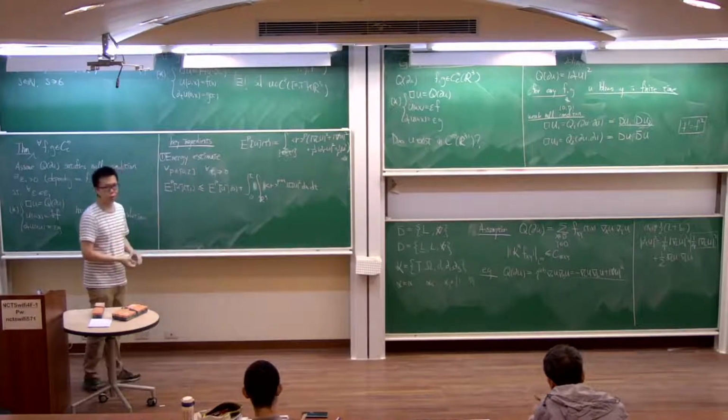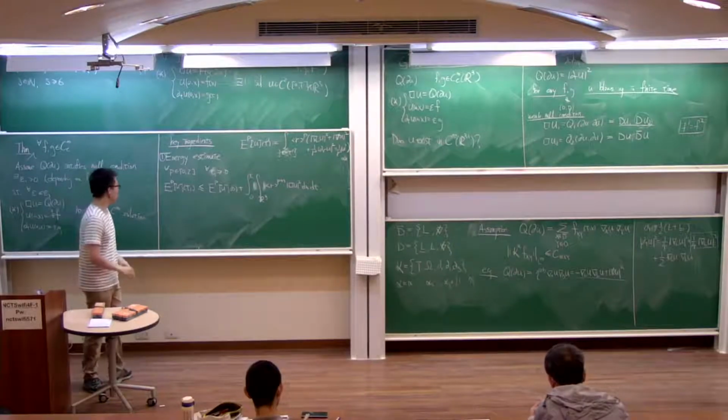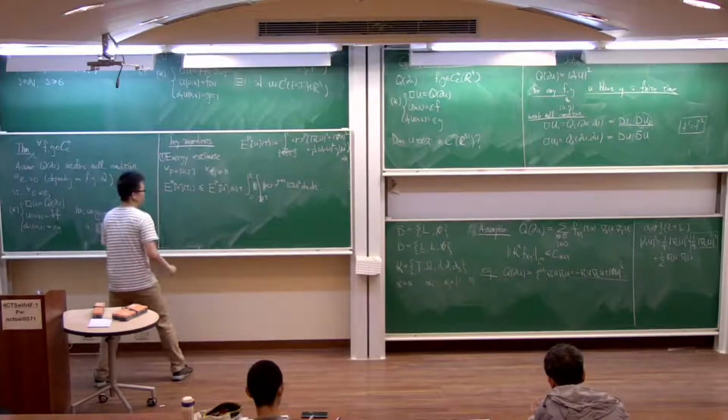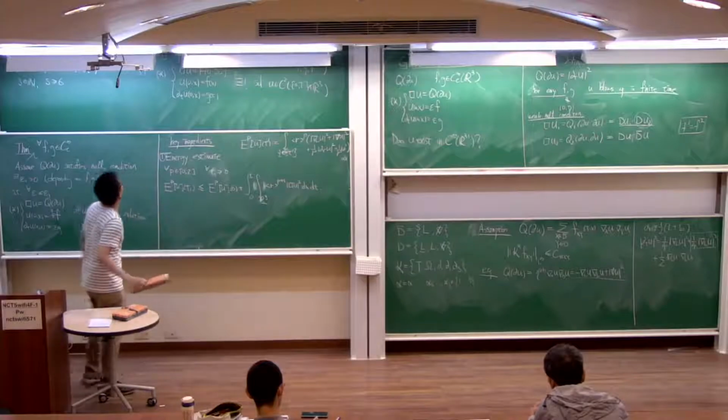So this also follows by a vector field method combining all the vector fields we discussed, but it's integrated along the time slice. So now let me have a picture.